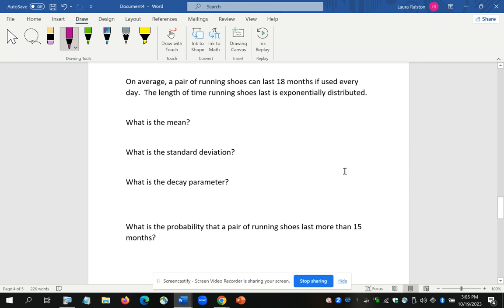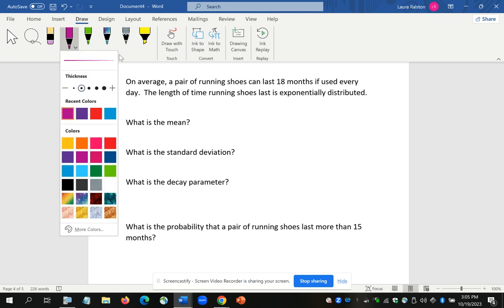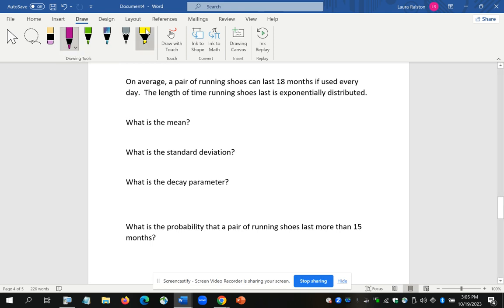On average, a pair of running shoes can last 18 months if used every day. The length of time running shoes last is exponentially distributed. So again, in this problem, it tells us that it's exponentially distributed.